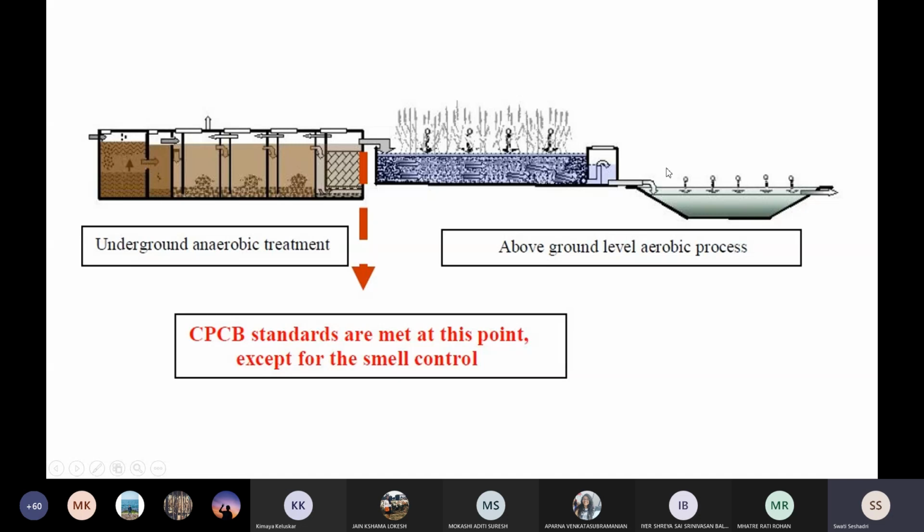And as explained, once it meets with the oxygen, the odor will be taken care of as well. So essentially, you get treated water by the end of it in this open pond, and you also deal with the odor by the end of the process.